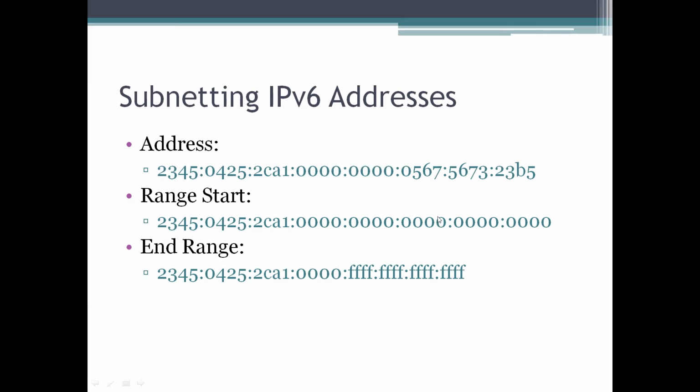Within each group, there are 4 digits: 1, 2, 3, 4, 1, 2, 3, 4, and so forth. Each of these digits can be created with 4 bits. So in total, we now have 128-bit addresses.